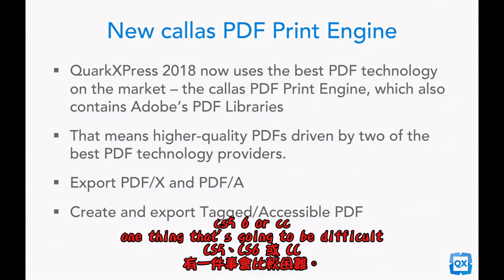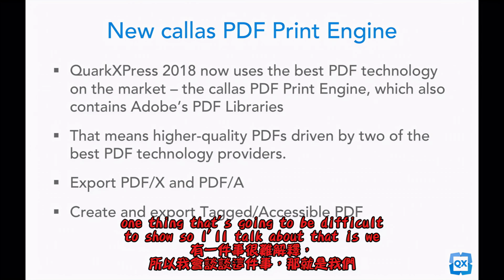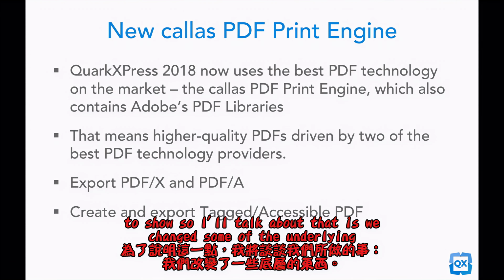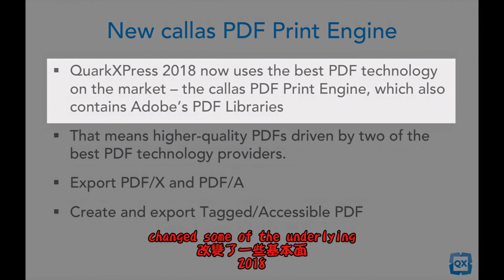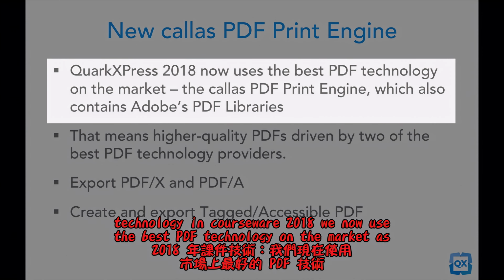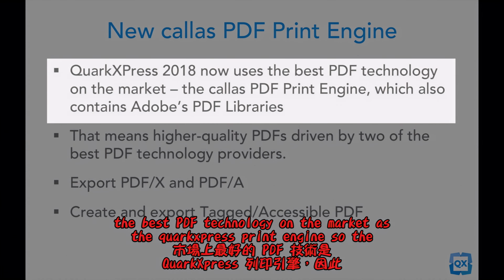One thing that's going to be difficult to show, so I'll talk about that, is we changed some of the underlying technology in QuarkXPress 2018. We now use the best PDF technology on the market as the QuarkXPress print engine.